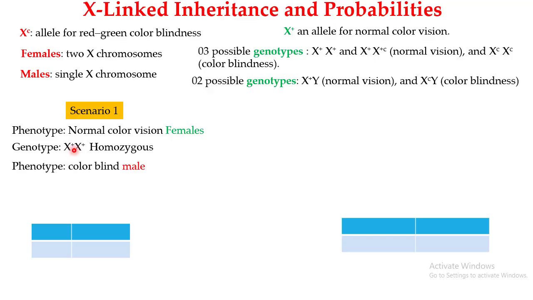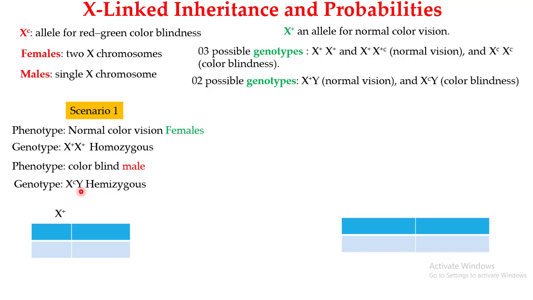The other parent, the male parent, is colorblind. What that would mean is that the only genotype that represents the colorblind phenotype in males is an X carrying the diseased allele, and of course the Y that does not carry any allele.